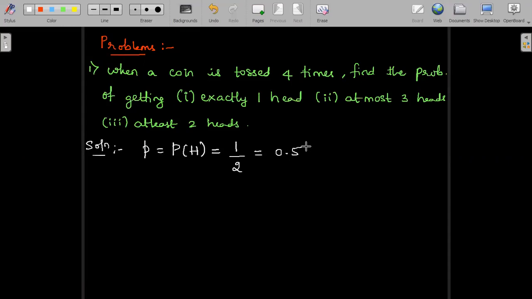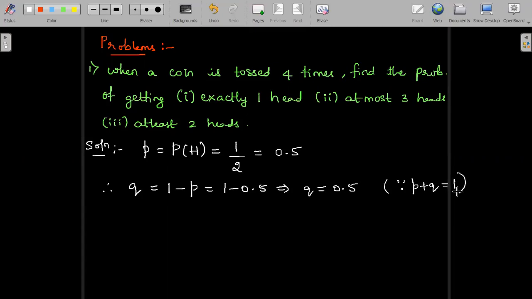If the probability of success is 0.5, then the probability of failure is 1 minus p. This is because we always know that p plus q is equal to 1. P plus q is equal to 1 can be considered because in the probability concept, if we consider P as the probability of success and Q as the probability of failure, then P plus Q will be equal to 1.